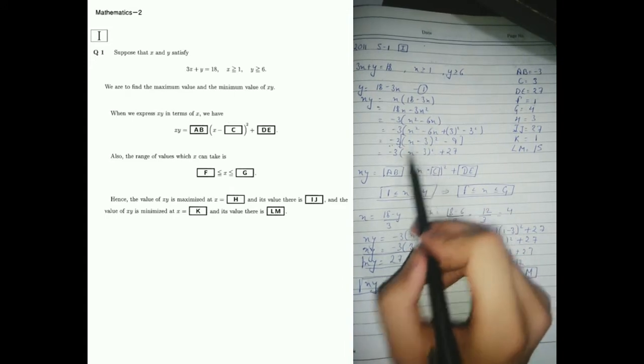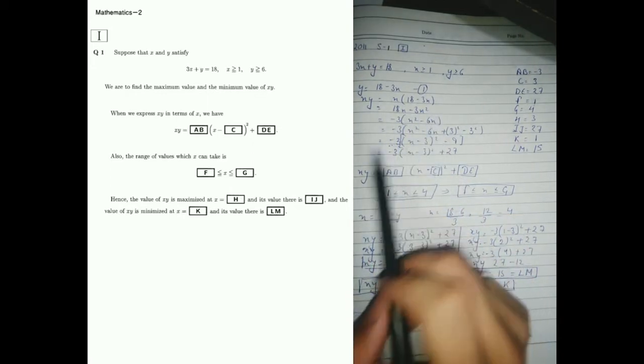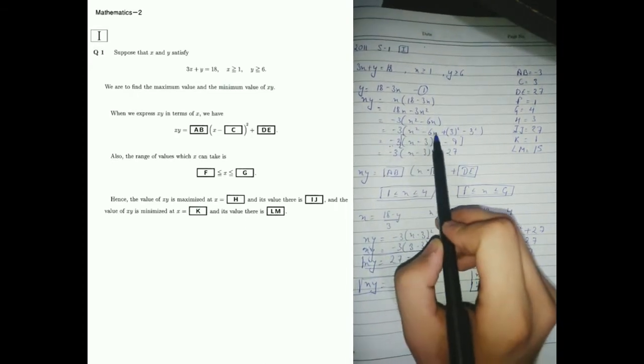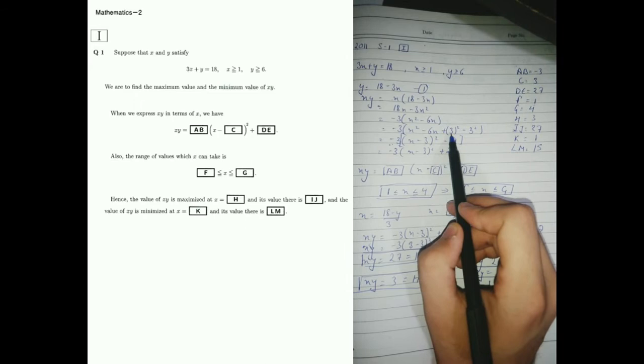So in order to complete this question, we need to make it a complete square. So for making it a complete square, we'll use completing the square method. So we have taken minus 3 in common, x square minus 6x. So using completing the square method, we know that we have to take half of the coefficient of x and its square, add and subtract the same thing.